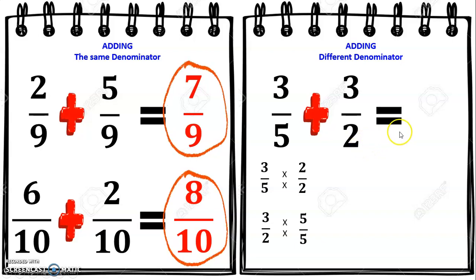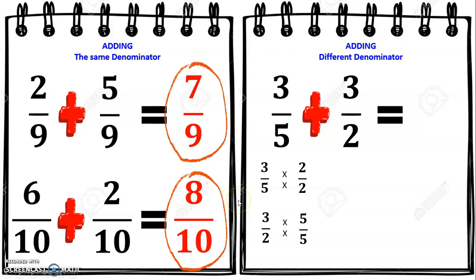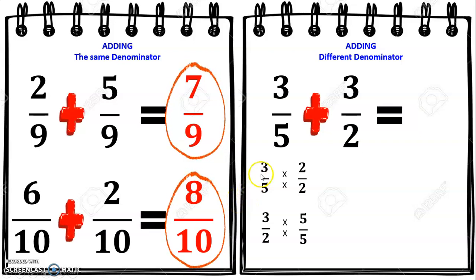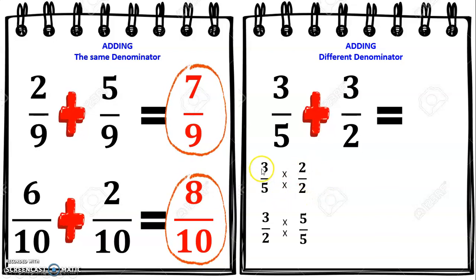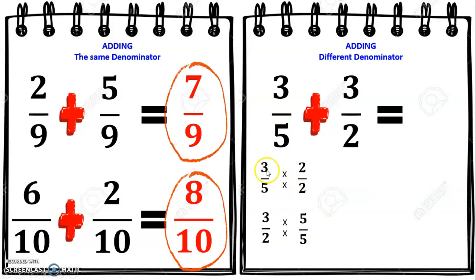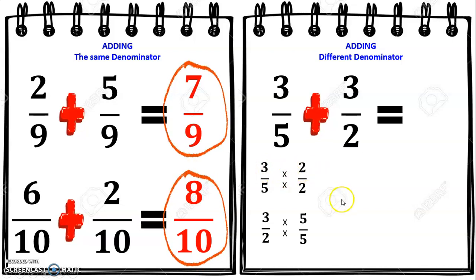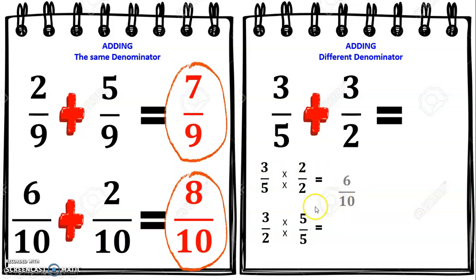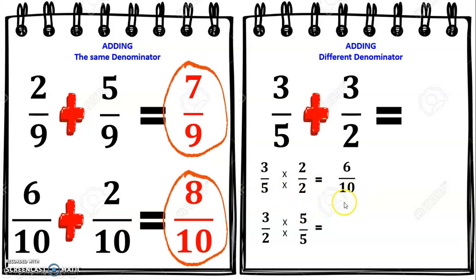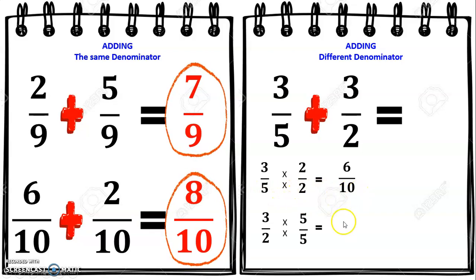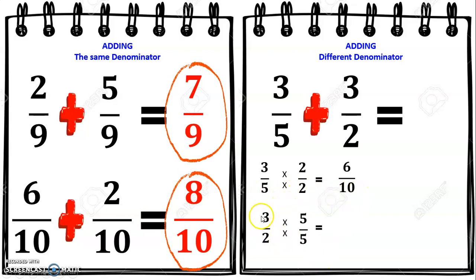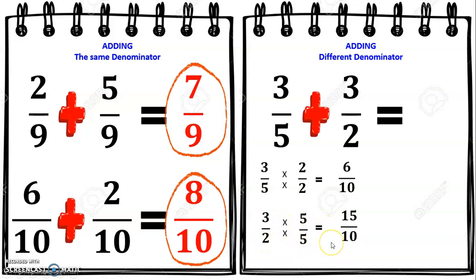When you multiply the numerator, you have to multiply its denominator too. So 3 over 5 times 2: 3 times 2 is equal to 6, and 5 times 2 is equal to 10. Next, 3 times 5 is equal to 15, and 2 times 5 is equal to 10.